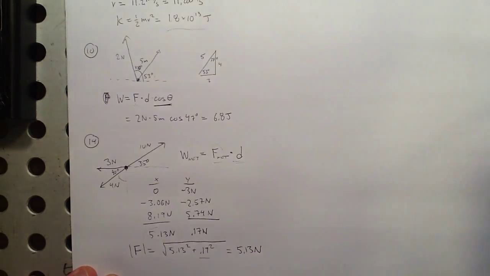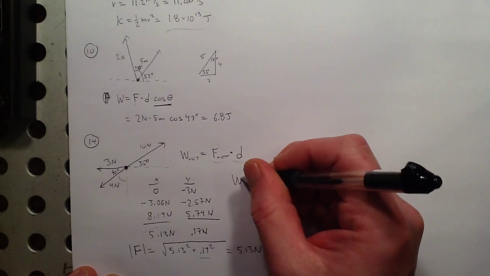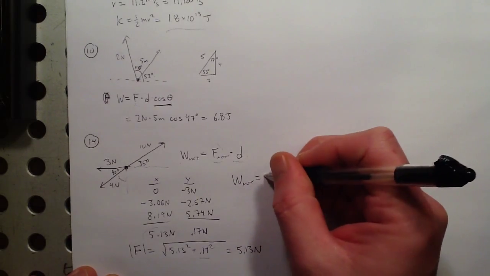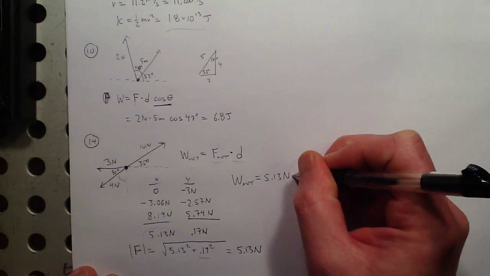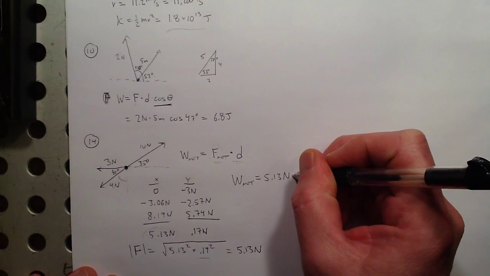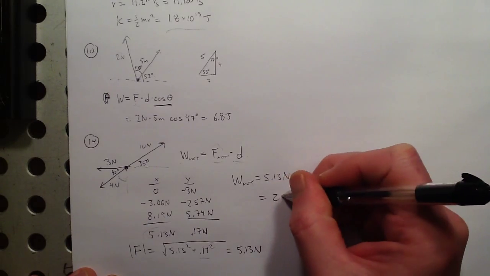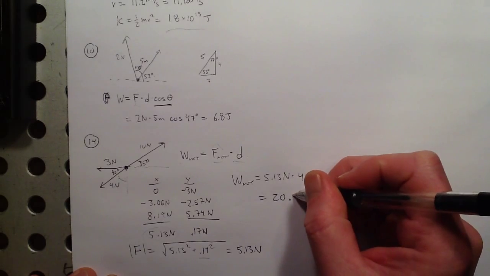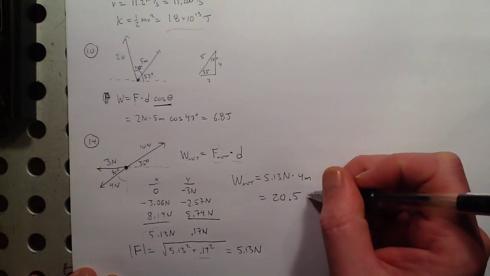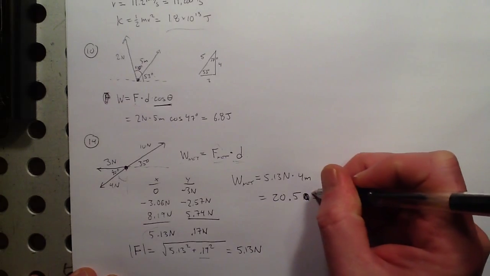And now I can just do my calculation here. So net work is equal to force times the displacement. Was it 4? What number is this? 4 meters. And that's about 20 point, I'll say 20.5. 20.52, sorry, joules, not newtons.